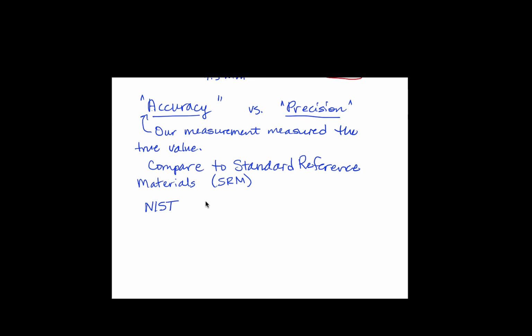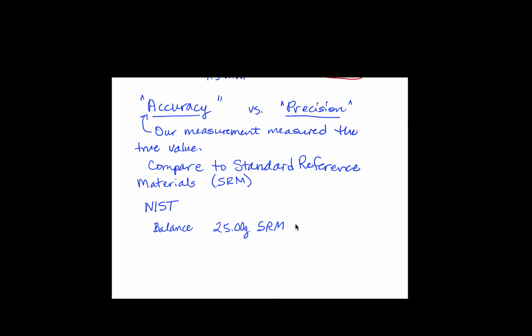So these standard materials have been analyzed in a lot of different ways, and then depending on what technique you're using, you would compare to that standard reference material. So you might measure the standard reference material and show that your measurement technique was able to accurately show the real value of that standard reference material. So if my mass balance is analyzing a 25-gram standard reference material, it would probably have more zeros there.